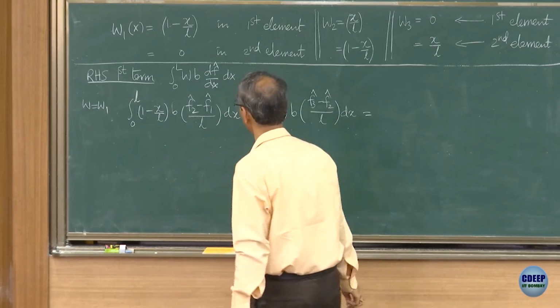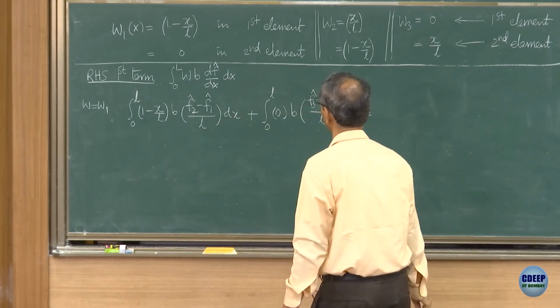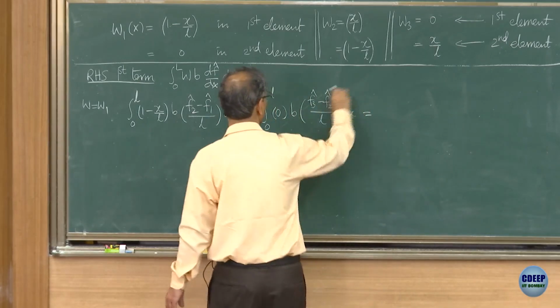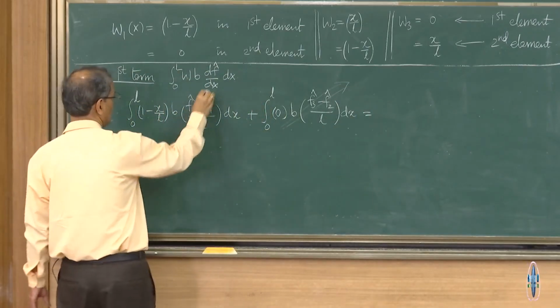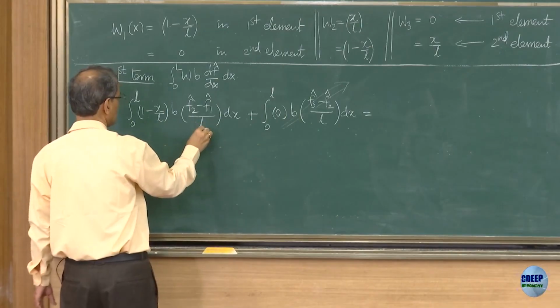So how much is this? This is 0, so this goes off. B into (f2 hat minus f1 hat) by L is a constant.